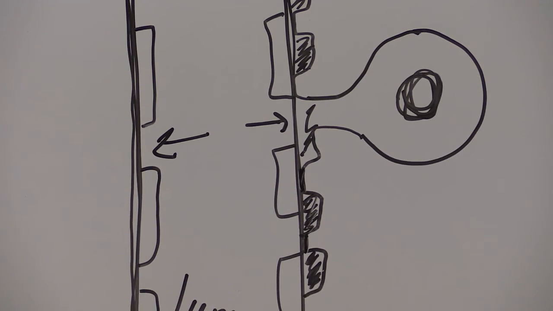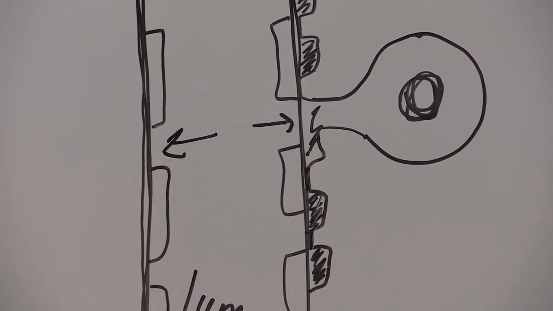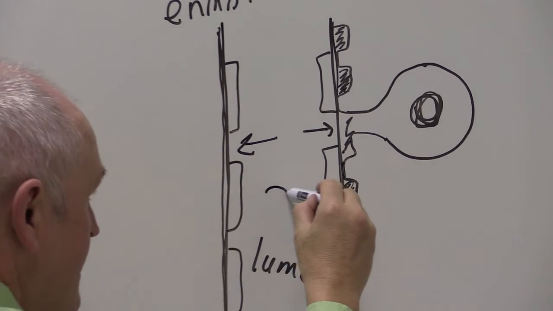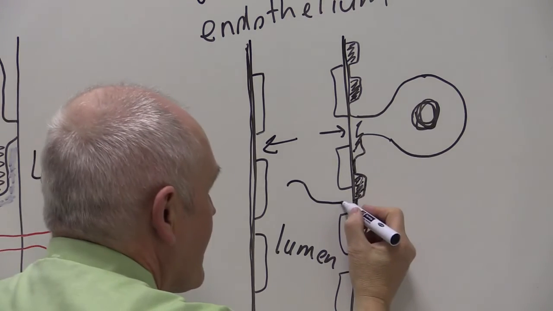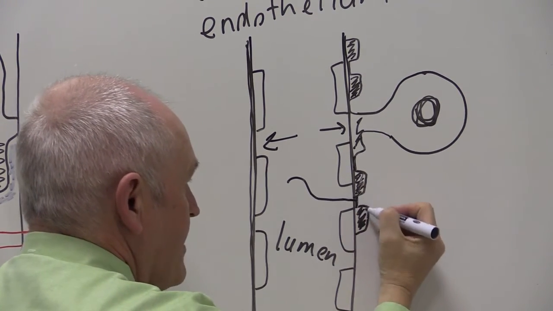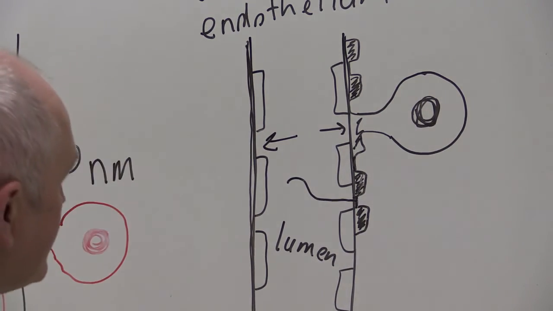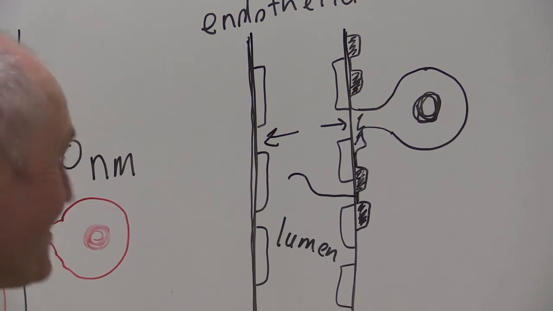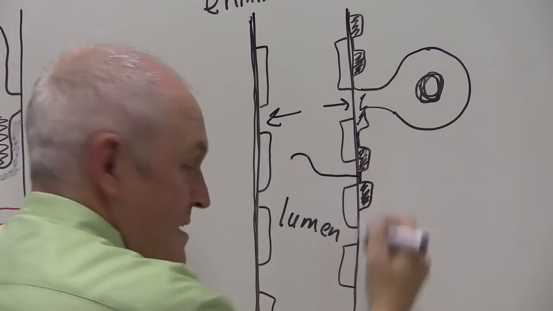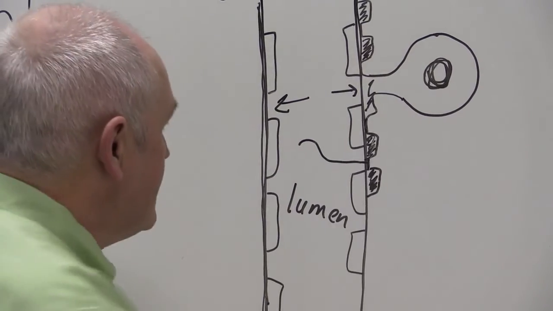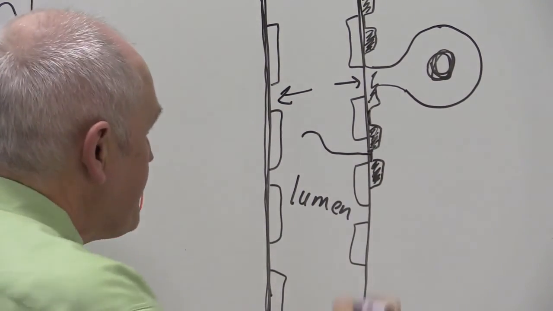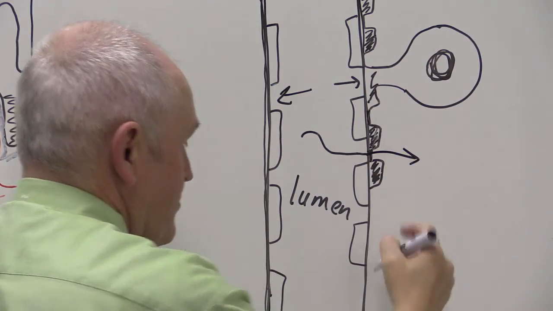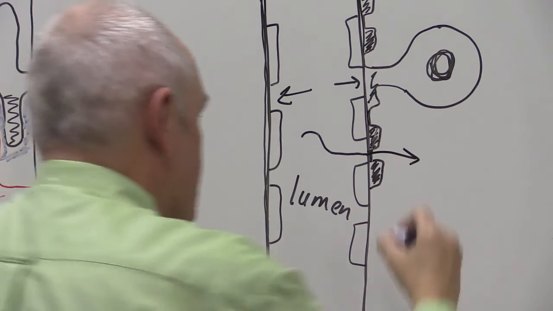So for the process of ultrafiltration to take place, the ultrafiltrate has got to go from the lumen of the capillary through one of the fenestrations, through the small gap between the pedicels of the podocyte, through the filtration slit, and the filtration slits have this filtration membrane, has to go through there, and only then does it get into the glomerular space.